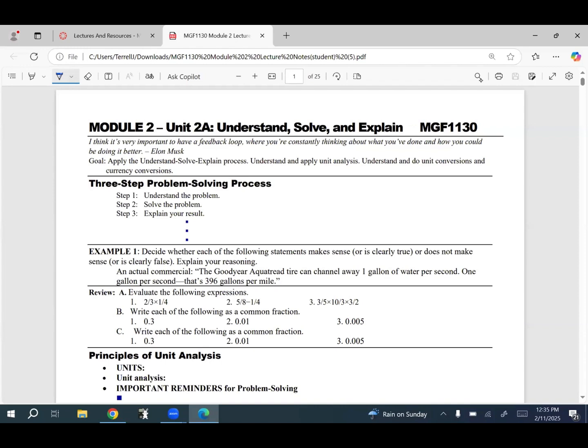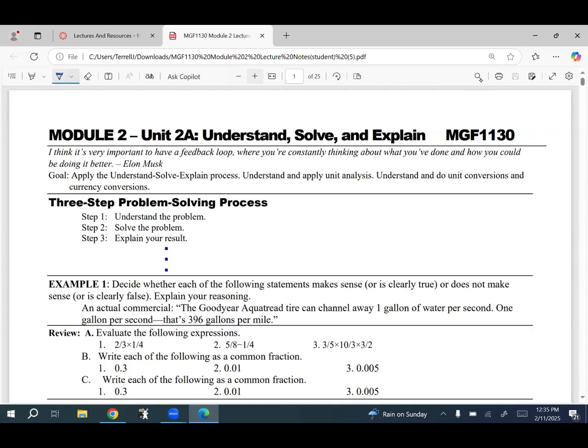And then we'll solve. And when you explain your results, you always want to keep in mind these things that I'm going to write down for you. Number one, do the results make sense? Okay, and then next, is your answer reasonable?